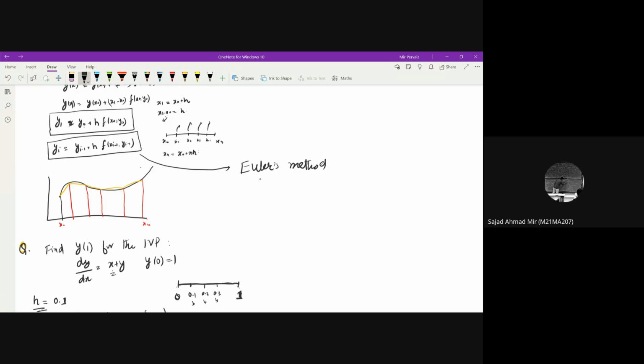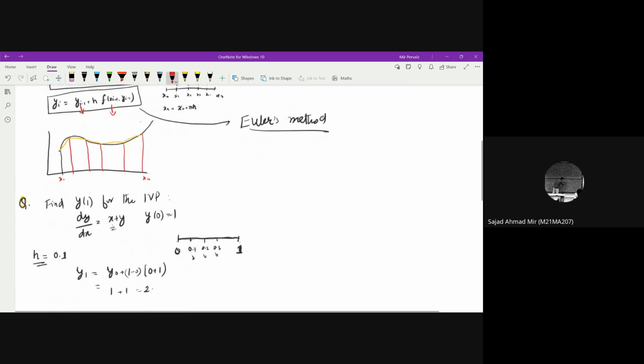What this method was actually doing was using the information at a particular point, xi, the value yi, and it's also using the concept of slope at that point. The Euler's method is using that.